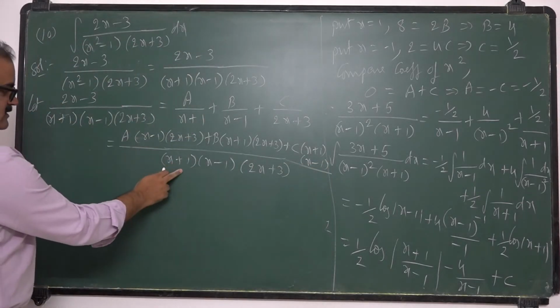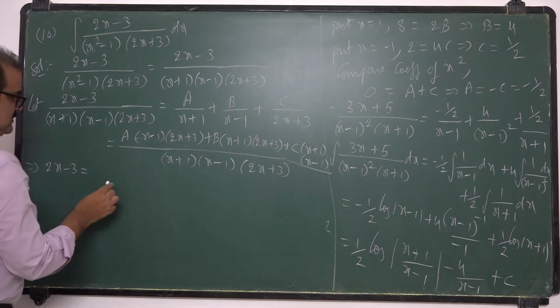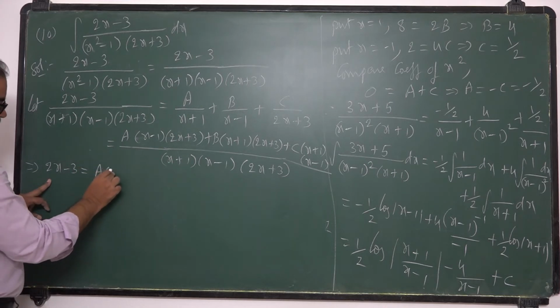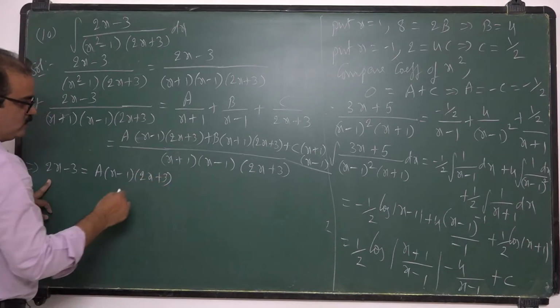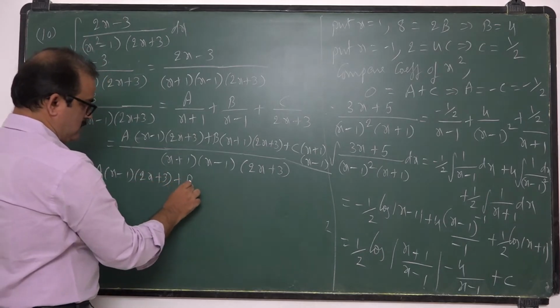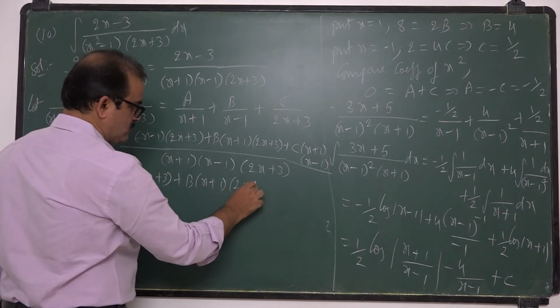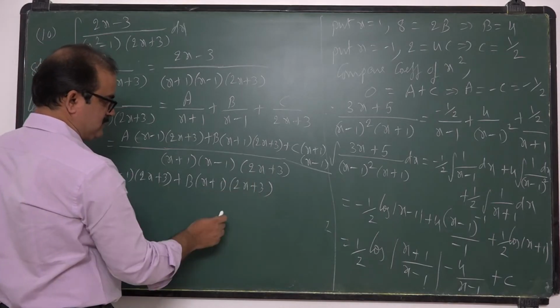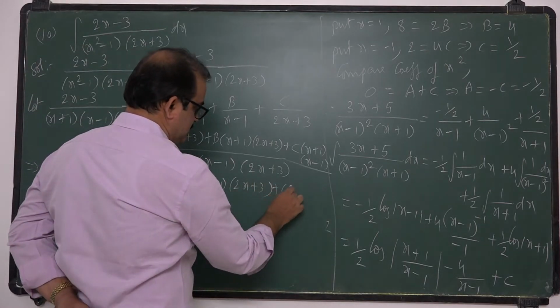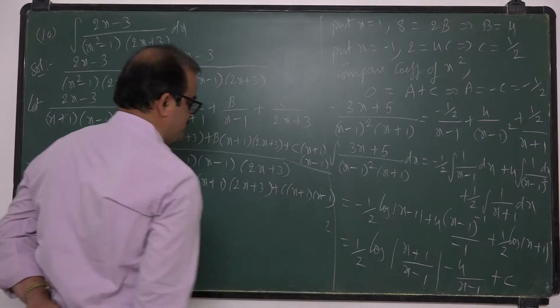Now denominators are same, equating the numerators: 2x minus 3 is equal to A into x minus 1 into 2x plus 3 plus B into x plus 1 into 2x plus 3 plus C into x plus 1 into x minus 1.